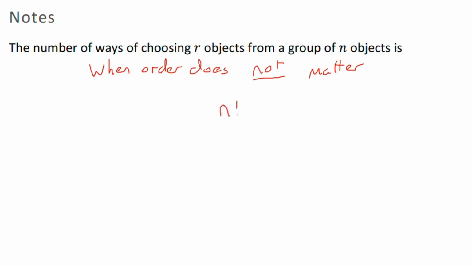Our permutation is n factorial over n minus r factorial. And so that's our permutation that we saw previously. But we also need to divide by the permutations of those r objects, which is r factorial. So we get this formula, n factorial over n minus r factorial times r factorial.